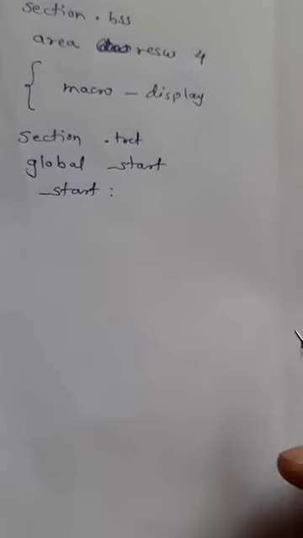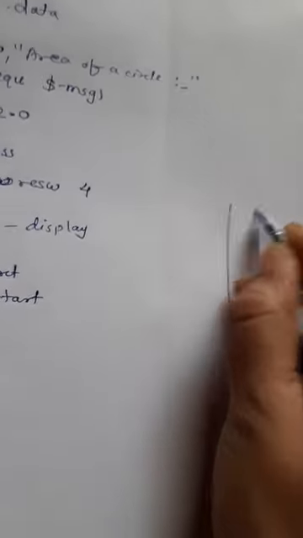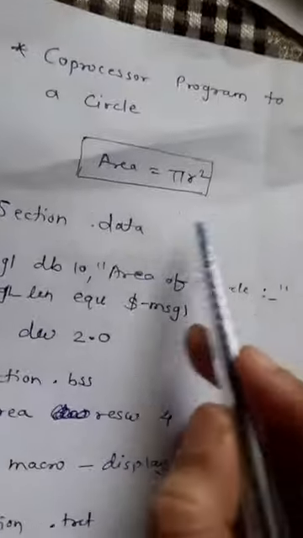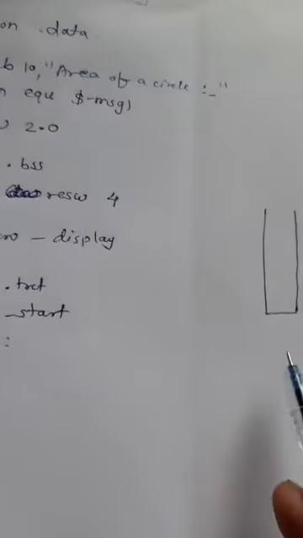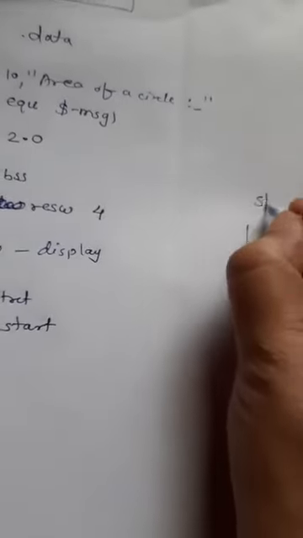So, as we already know, the coprocessor always works on data that will be calculated in a stack. So we can consider here that a stack is there, and we are going to calculate this particular formula with the help of a stack.